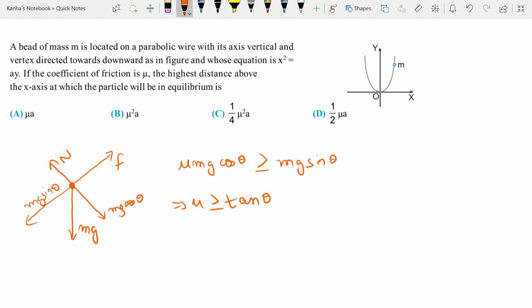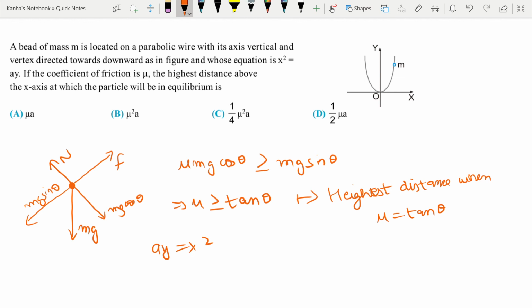The highest distance happens when mu is equal to tan theta. Now it's given ay is equal to x squared, so you can easily find what tan theta is.